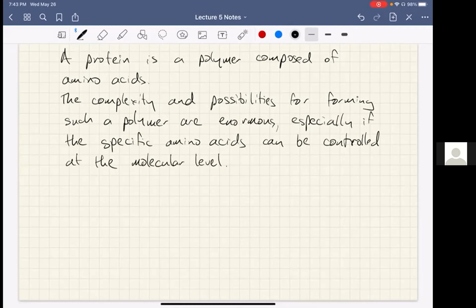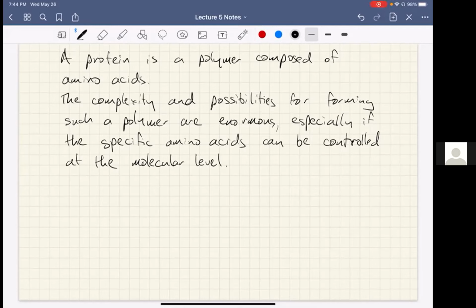So in other words, if you could put together a custom sequence of amino acids to get exactly the protein that you wanted in exactly the right order that you wanted, you're basically custom building a nanomachine.